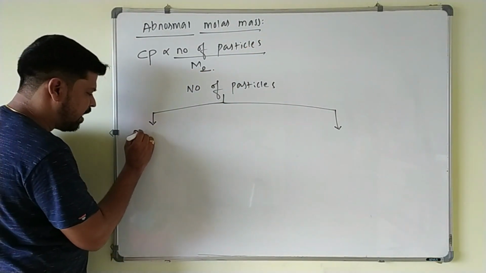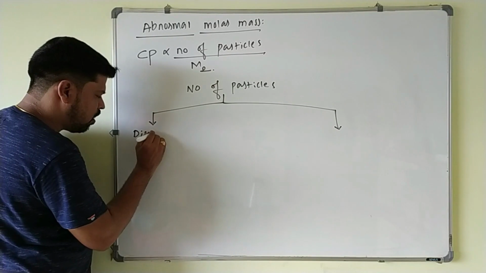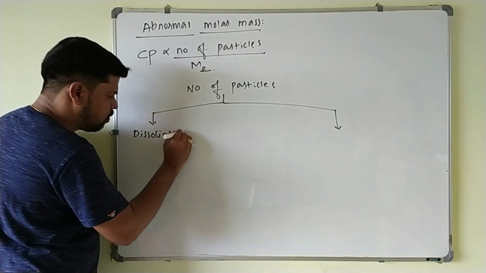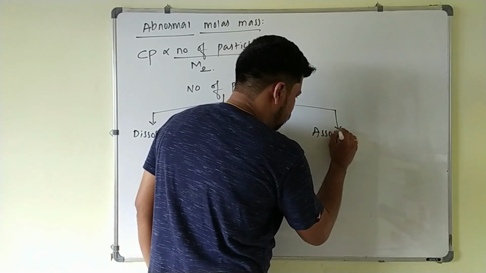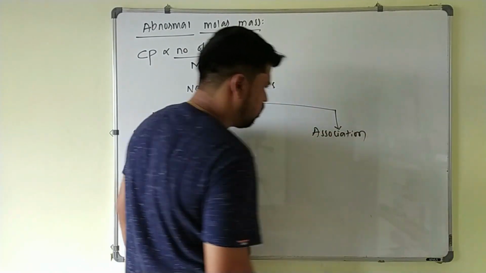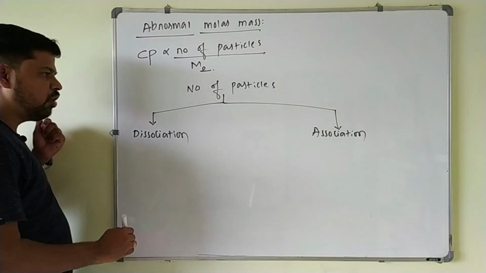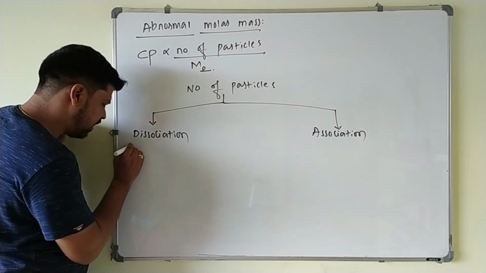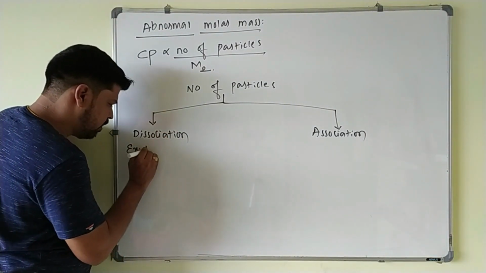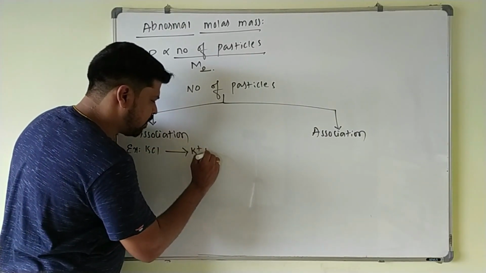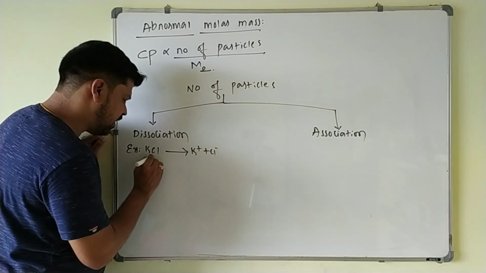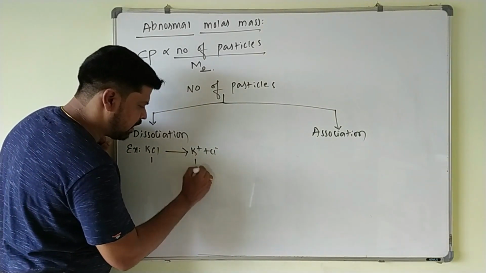So if the added solute particle undergoes dissociation or association, what happens here? If solute undergoes dissociation, for example, if KCl is added to the water, it will split into what? K plus and Cl minus. Here it is only one particle. Now after splitting, it becomes what?